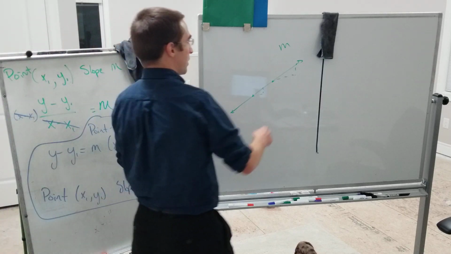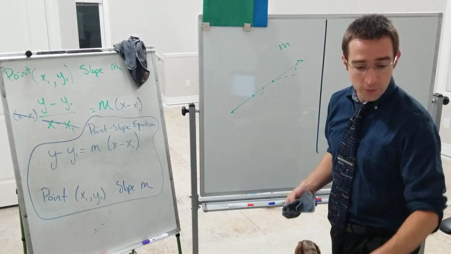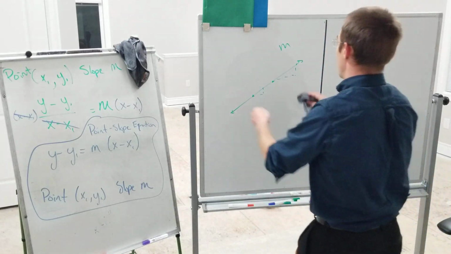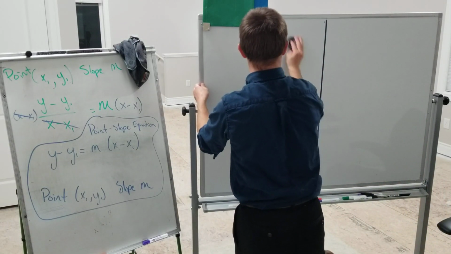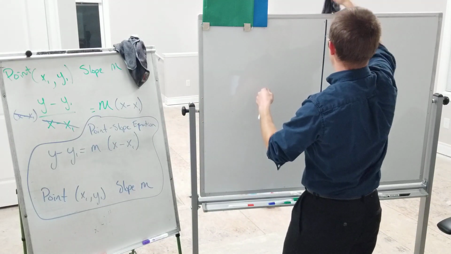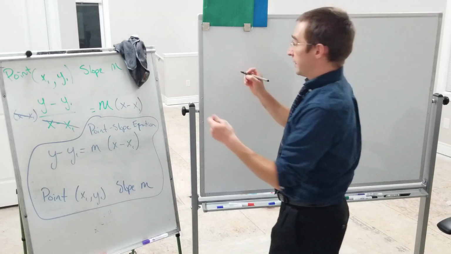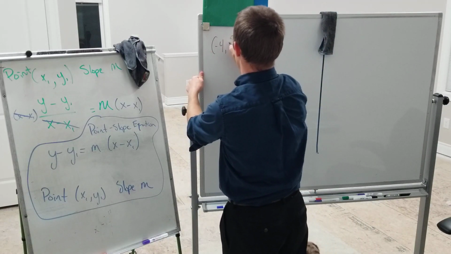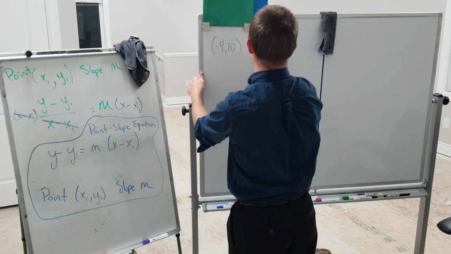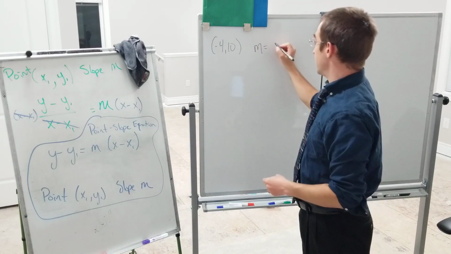So let's just go ahead and do a couple examples. If we know the point and the slope, what is the point slope equation? So let's say we have the point -4, 10, and the slope 3.